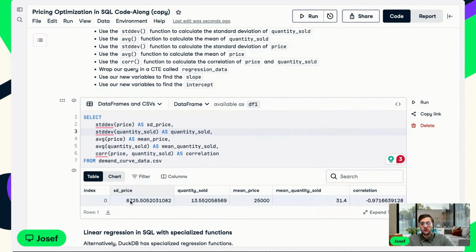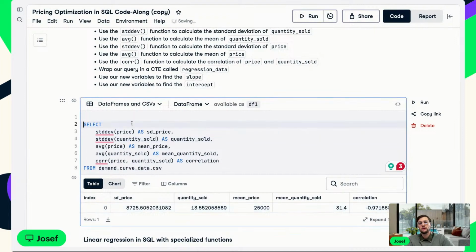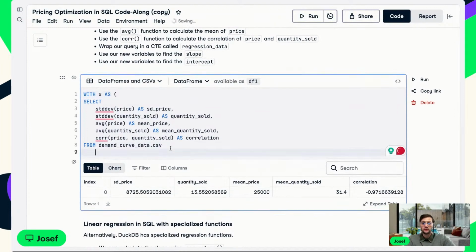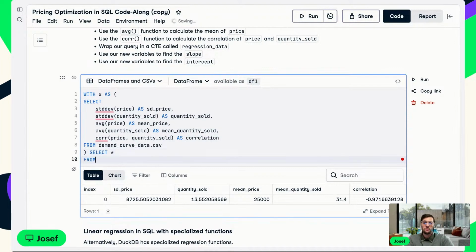Okay, so here are different parts that I will need for the formula. Let's practice with our CTE again with x as, and then select star from x, and I'll hit run. So that is the same thing.